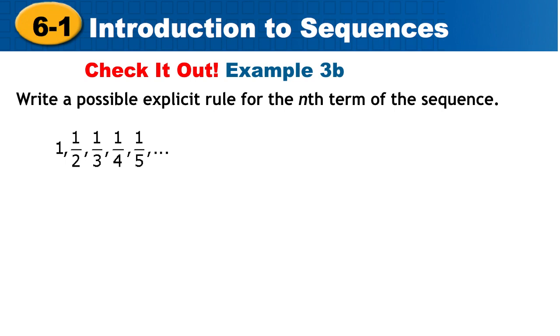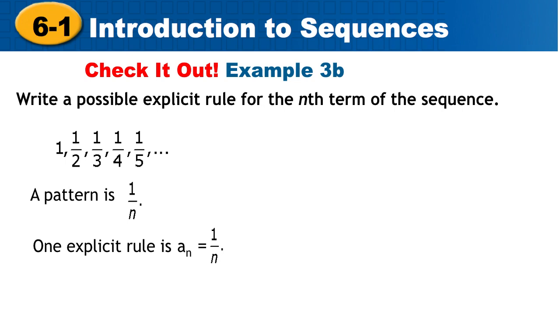It's clear to me that when I give 1 to n, it is 1. When I give 2 to n, it's 1 over 2. Give 3 to n, 1 over 3. Give 4 to n, 1 over 4. So the pattern is 1 over n. So 1 over n is your explicit rule. So this is all for this section.